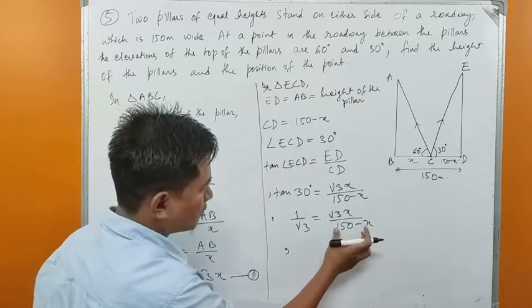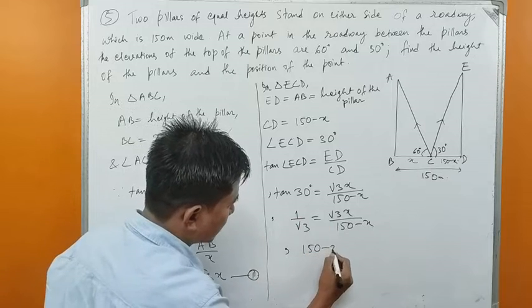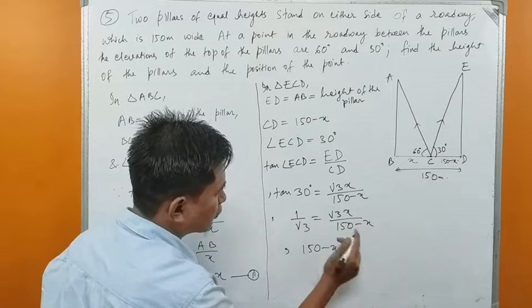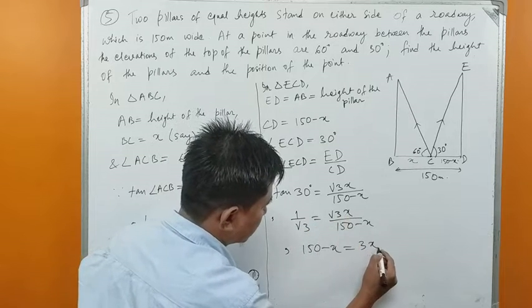So let us cross multiply. 150 minus x into 1 equals root 3 into root 3, which is 3, times x.